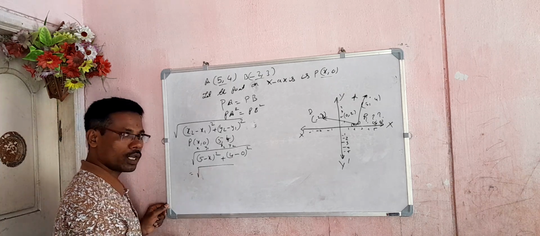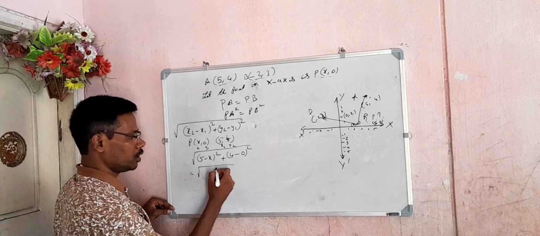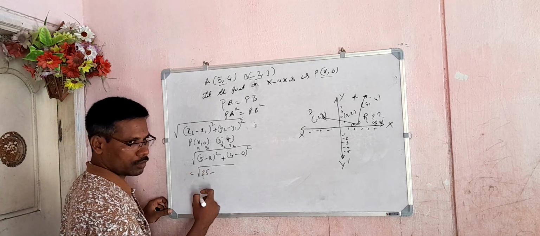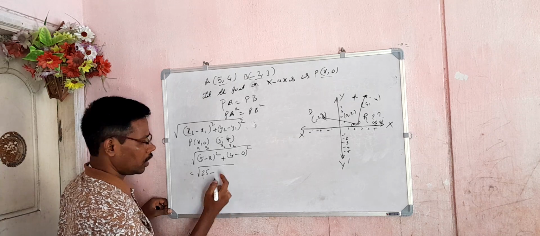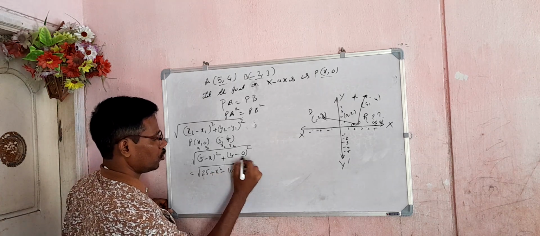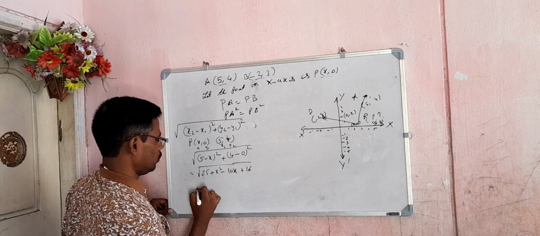What is (a minus b) whole square? a square minus 2ab plus b square. Apply here. Simple. 25. I will write the steps directly since you have come to 10th class. Minus 10x. What is 4 minus 0? 4. That is 16. Like this.